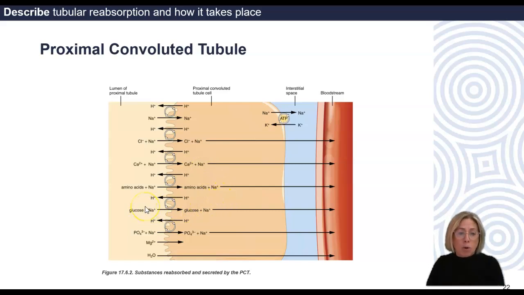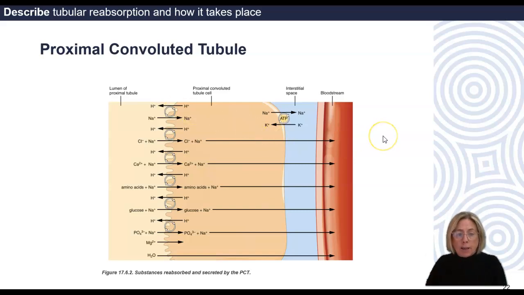So that's a symporter, right? You can see an antiporter here, where the movement of sodium from the lumen of the proximal convoluted tubule in results in hydrogen being pumped the other way out. So that's really cool. Now we have these exchangers or countercurrent transporters.